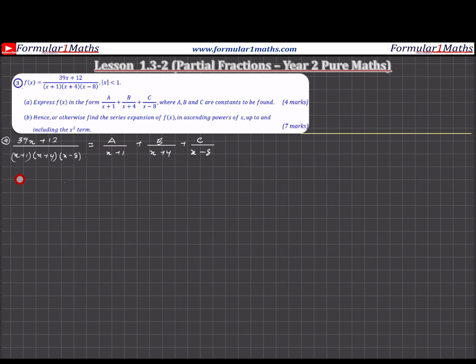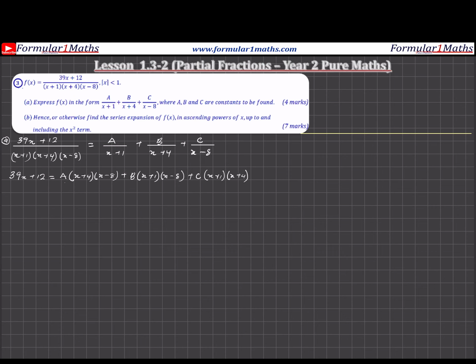If I multiply all the terms by this denominator here, I'll be left with 39x plus 12 on the left hand side, and on the right hand side I will have a brackets x plus 4 times x minus 8 plus b brackets x plus 1 times x minus 8 plus c brackets x plus 1 times x plus 4.